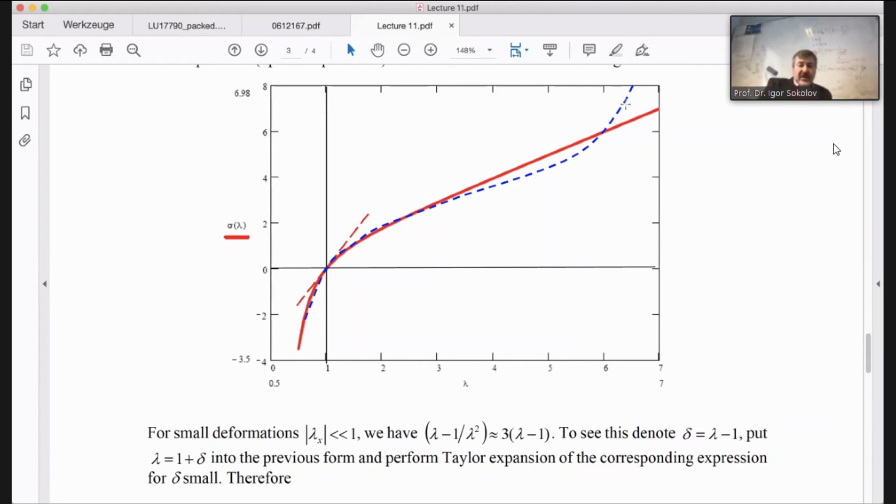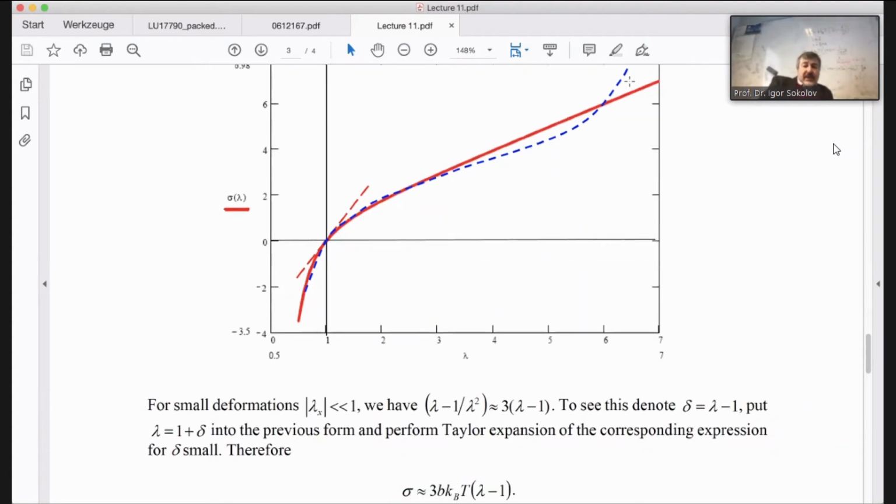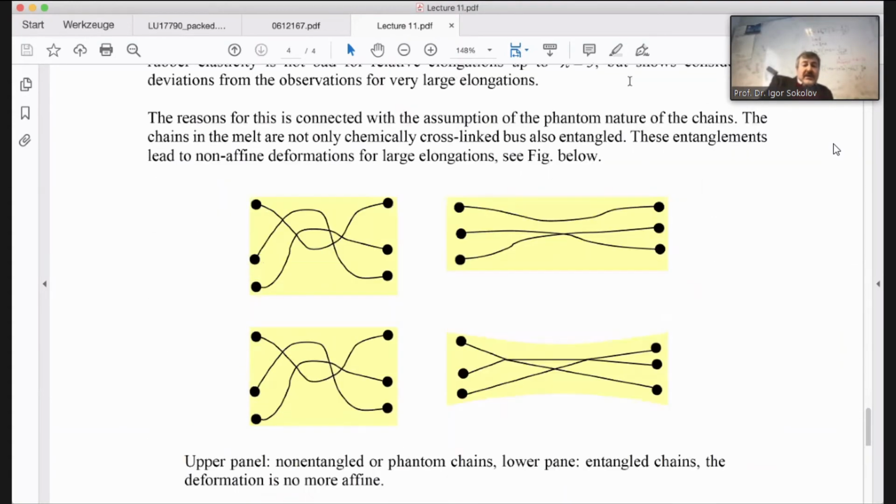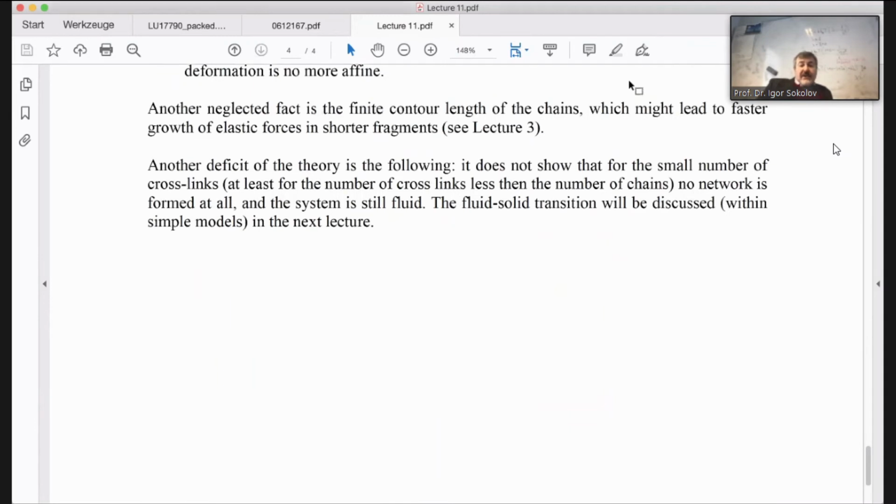And then you come into the regime where you can hardly pull. At the end, anyhow, the chains have finite extensibility, but this comes still in the regime where they are very far from being elongated. This was essentially a very nice and very important piece of theory.